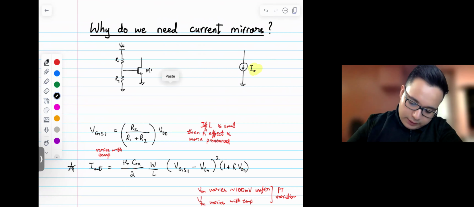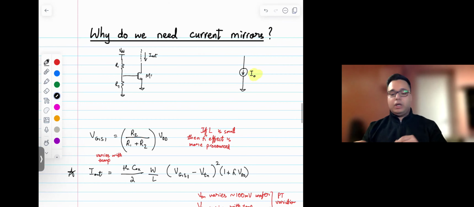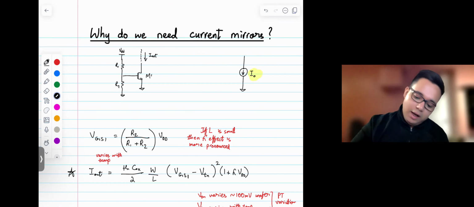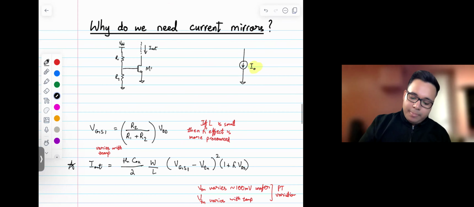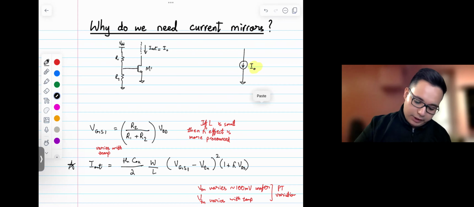And that's where the current I out comes from. That's the output current. If I want to mimic an ideal current source with I naught, I'm basically going to design this circuit. I'm going to choose R1 and R2, and I'm going to design the M1 transistor accordingly, such that this I out is equal to I naught, the same as this I naught over here.